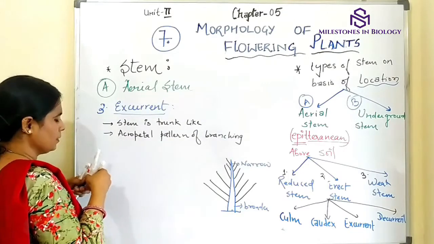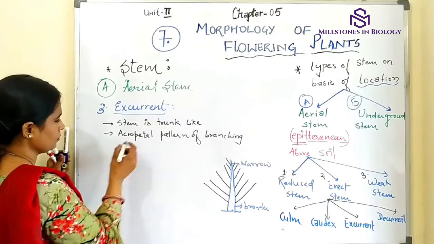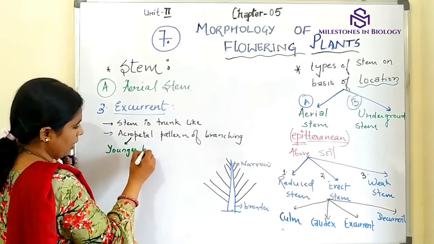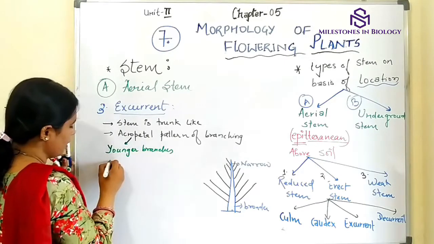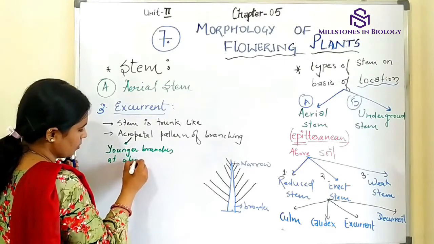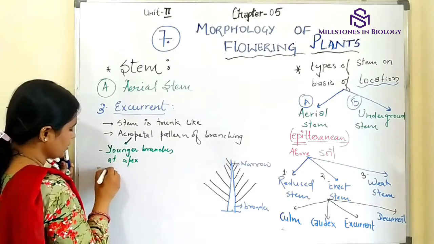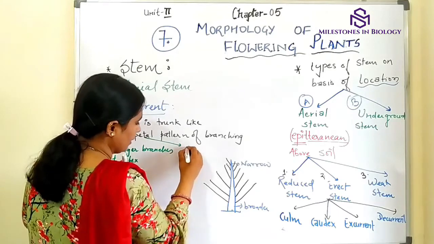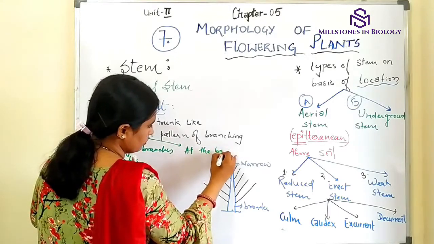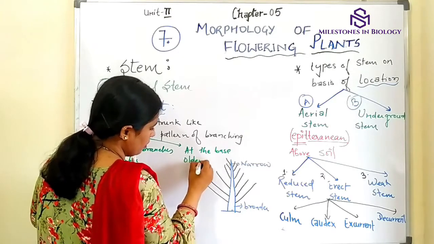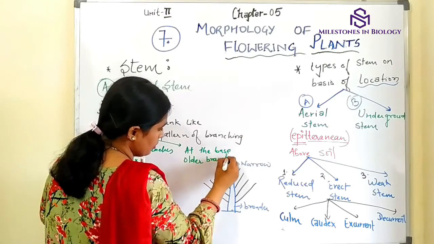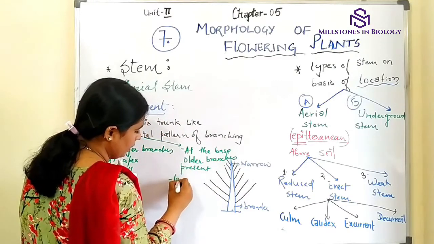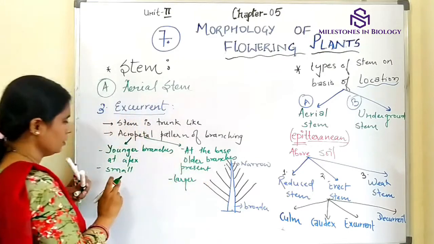Fine. So what is the meaning of acropetal? Younger branches at the apex, and they will be small, whereas at the base older branches are present, and they will be larger than the younger branches.